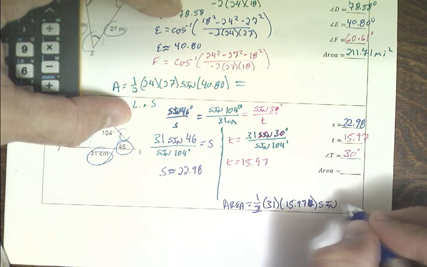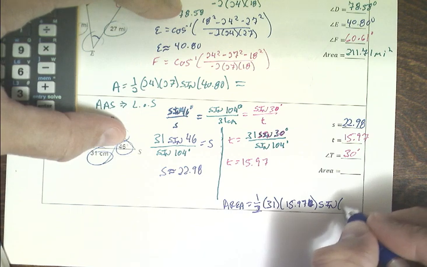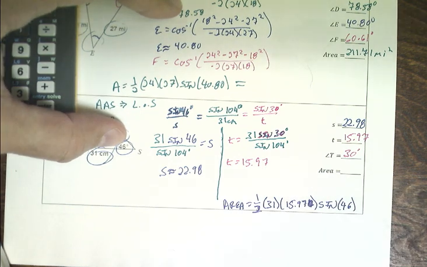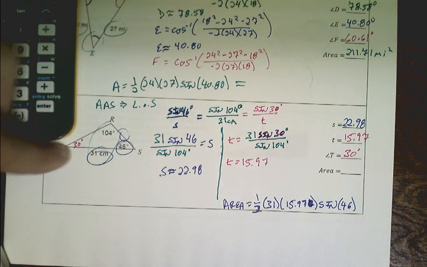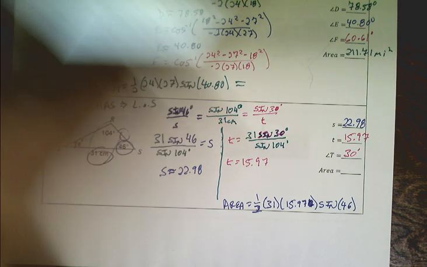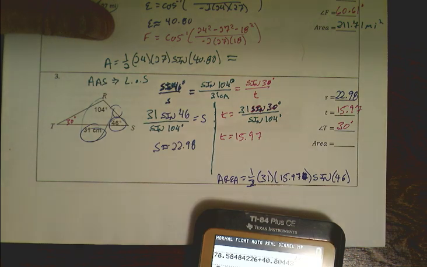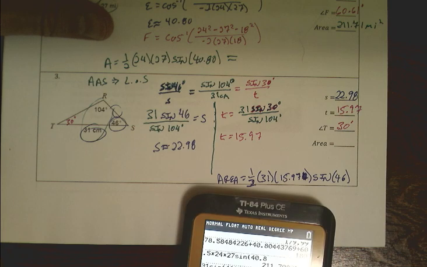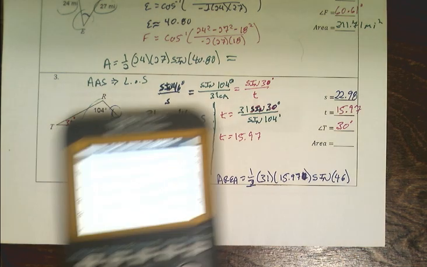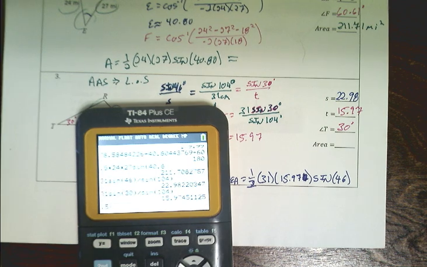Times sine of 46. Suppose if I want to make this much easier, I would have used sine 30 instead, since that's a special angle, but no big deal. I have a calculator. 1/2 times 31. Oh, make sure I'm on the page here.